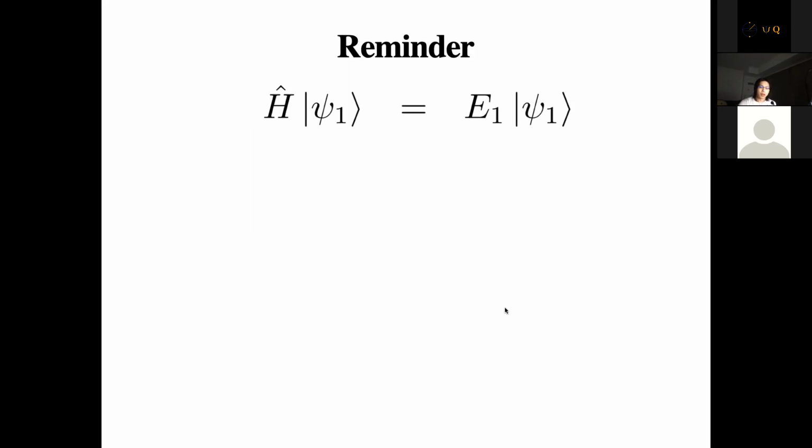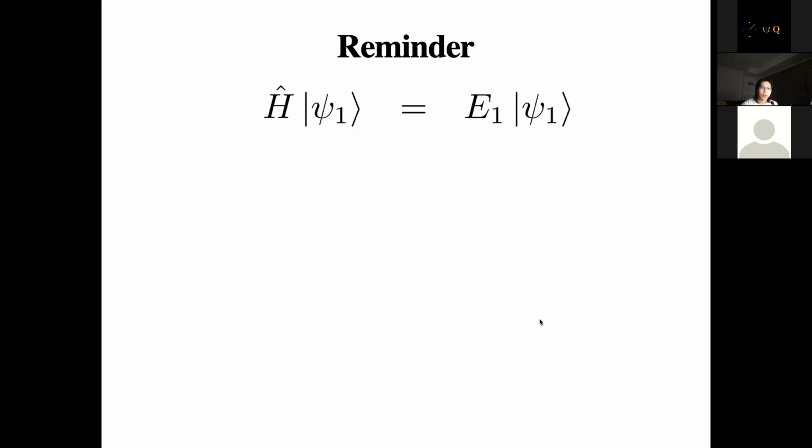We can revisit all of the ideas to get to the variational quantum eigensolver. So we have an eigenvalue problem we want to solve, but we're only interested in the equation that has the least eigenvalue. We're only interested in E1, the ground state energy.